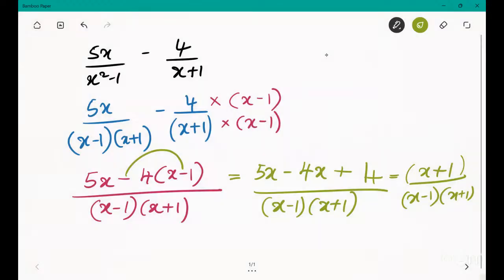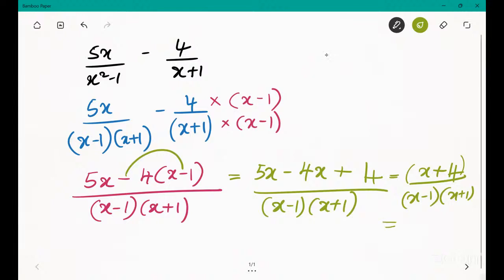So when you simplify, you're going to get x plus 4 over x minus 1, x plus 1.